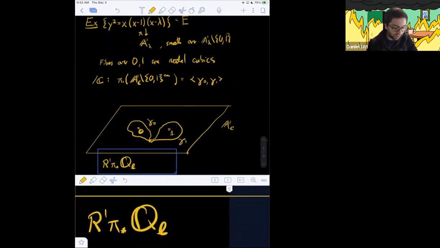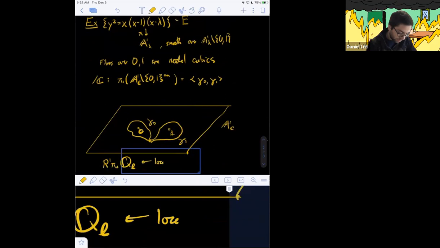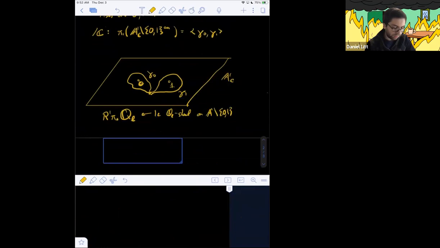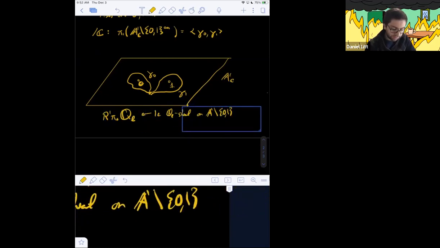So this is a locally constant Q_l sheaf on the affine line minus 0, 1 by the smooth and proper base change theorem, because the map is a smooth proper map over this open subvariety of A1.